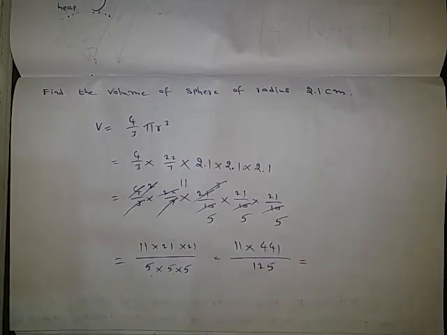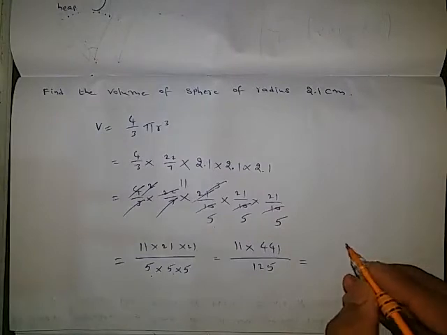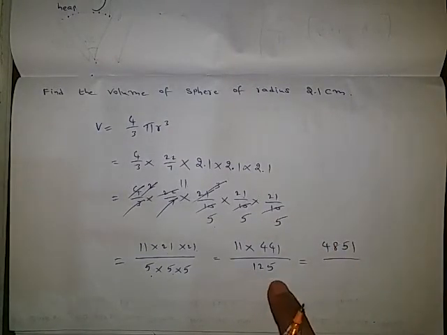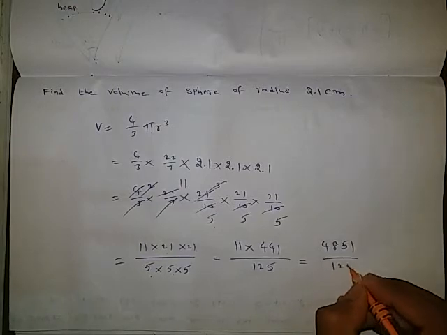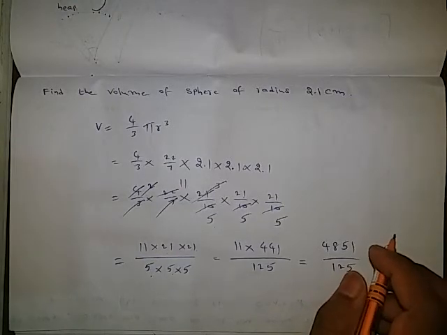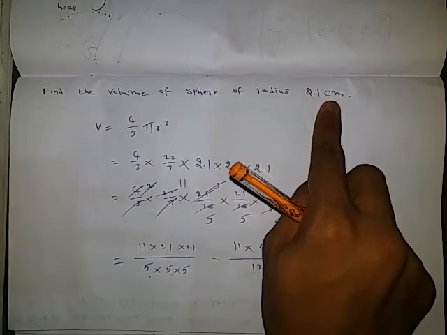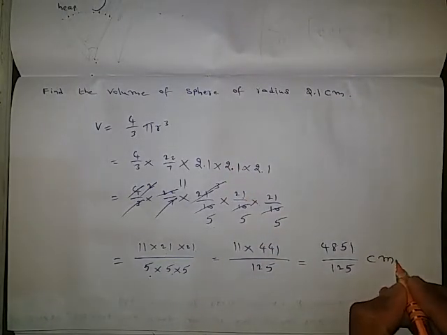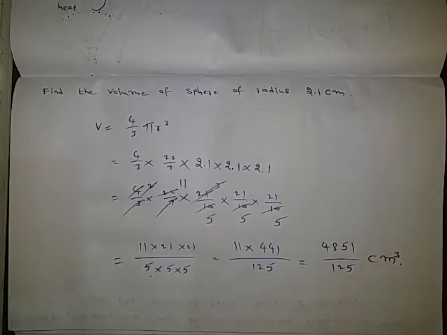So we will get 4851 divided by 125 as it is. We are finding the volume and the measurement is in centimeters, so this will become centimeter cube. If you want the answer in decimal point, do the division, you will get the final answer in decimals.